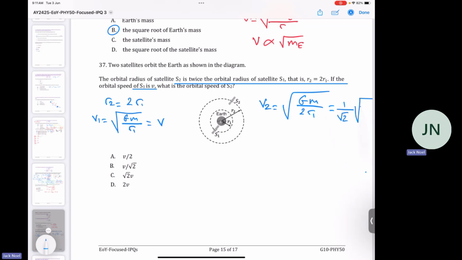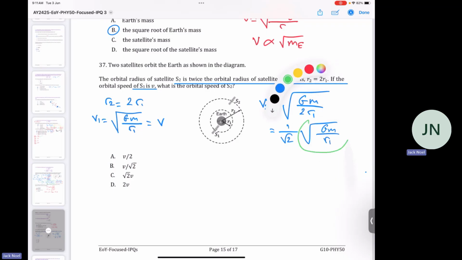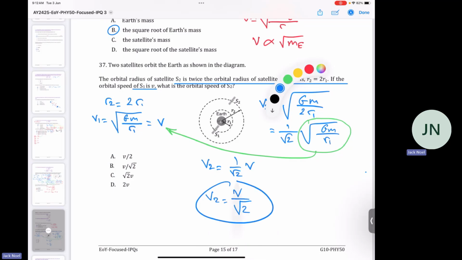And then if you want to keep something inside, V2 equals 1 over square root of 2 and square root of GM over R1. This square root of GM over R1 is nothing but V. So V2 equals 1 over square root 2 V. And you can multiply them by each other, so V times 1 over radical 2 is this answer. So it's B.